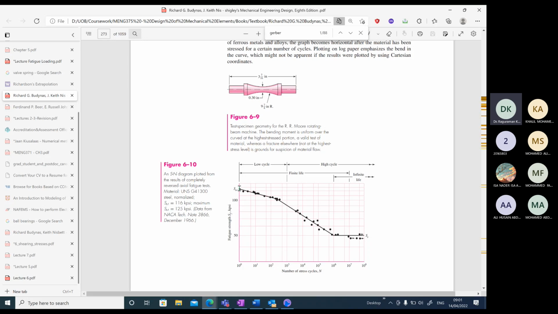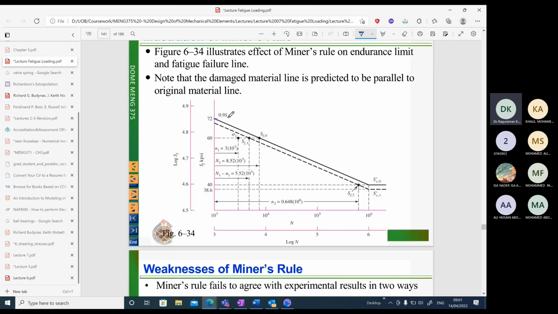Okay. So in the SN diagram, you can clearly see the Y intercept over here at 10 power 1 cycles is exactly equal to SUT, or in experiments it is really found to be 0.9 times SUT. However, according to the Palmgren-Miner rule, it predicts a value of the intercept here on the SN diagram below the usual value of SUT.